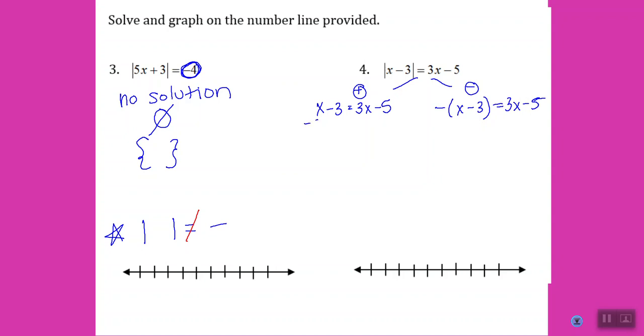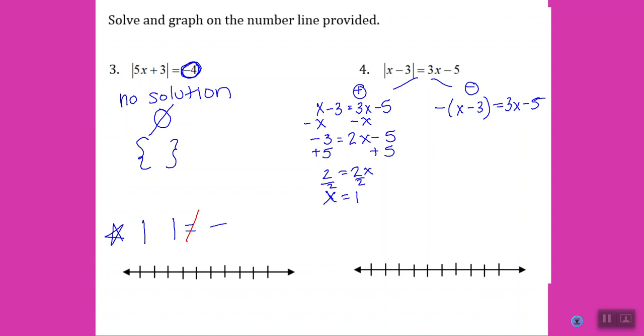So over here I've got to get my x's together. Then I'm going to get my numbers together. When I divide, I get that x equals 1.